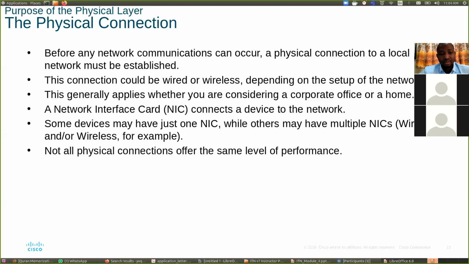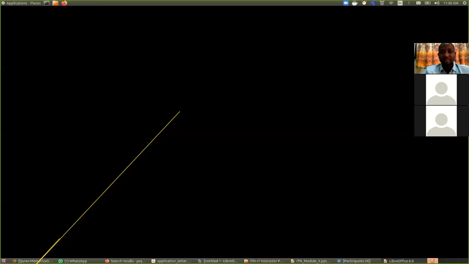Generally, our computers will have one NIC, but you can have more than one network interface card on your device. Not all physical connections offer the same levels of performance. There will be a difference in performance if you use wireless, wired, or fiber cables. So there is obviously a difference in performance.